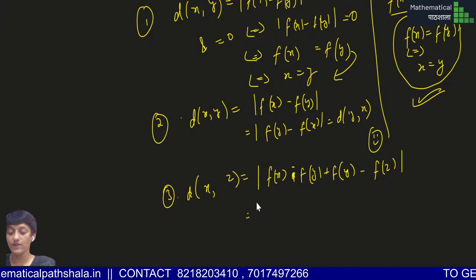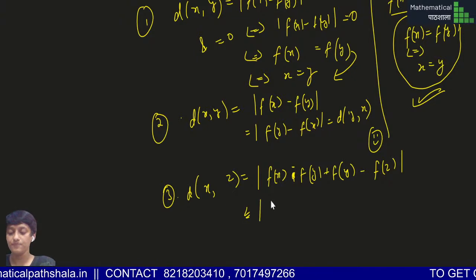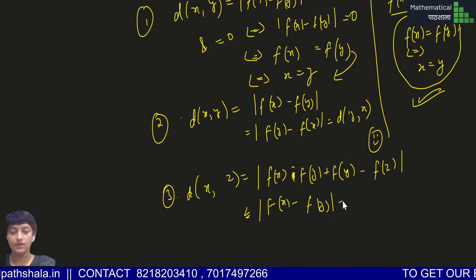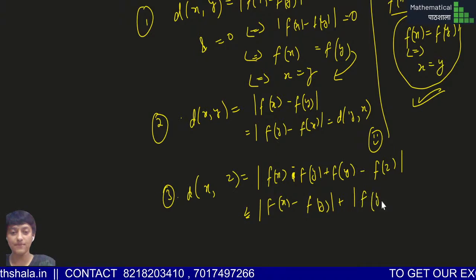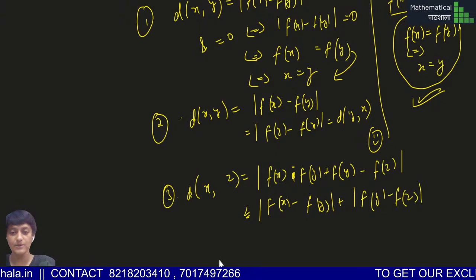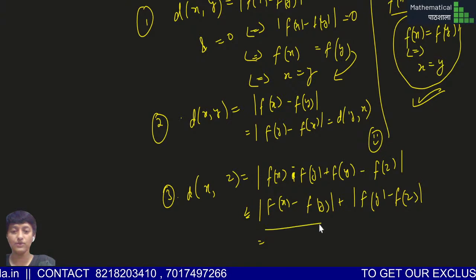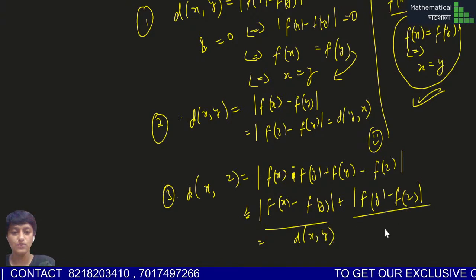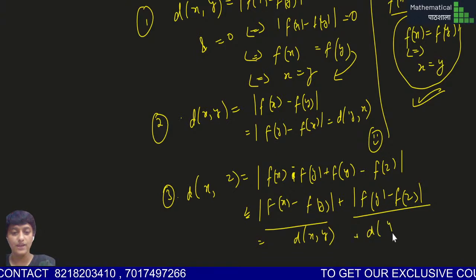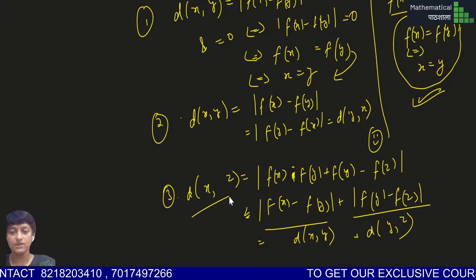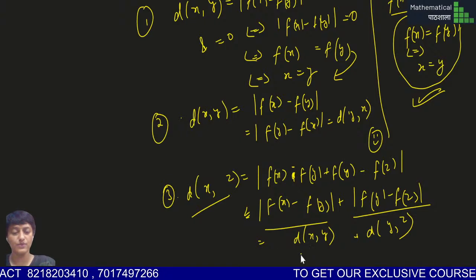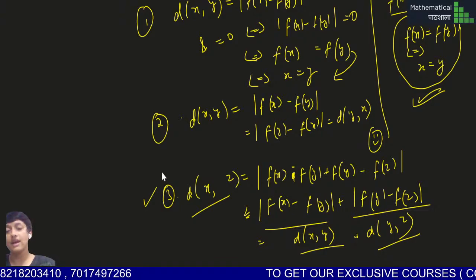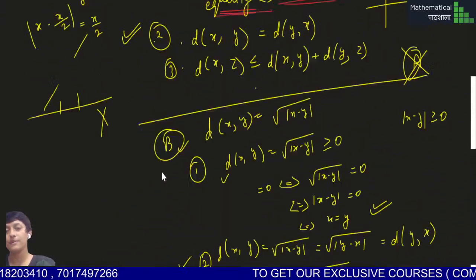So it will be less than or equal to |f(x) - f(y)| plus |f(y) - f(z)|, and this will be equal to distance between x and y plus distance between y and z, and we have got distance between x and z less than or equal to distance between x and y plus distance between y and z. Hence, triangle inequality is also satisfied, and this option is also correct.